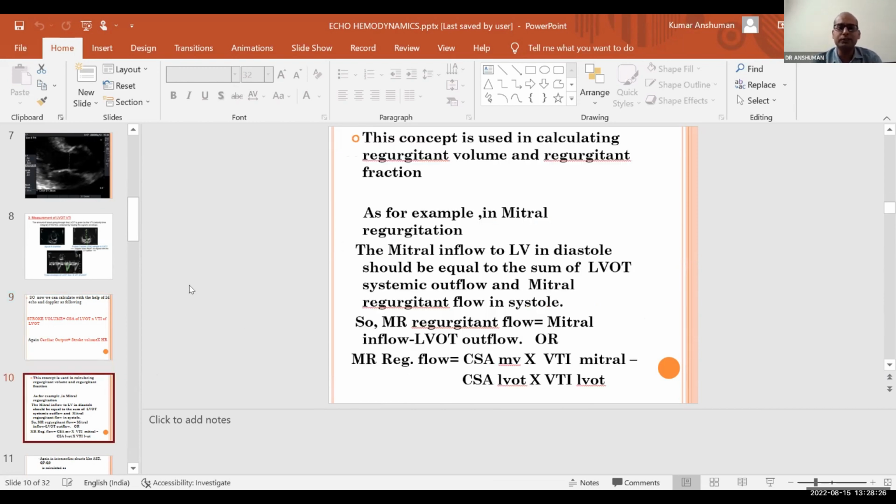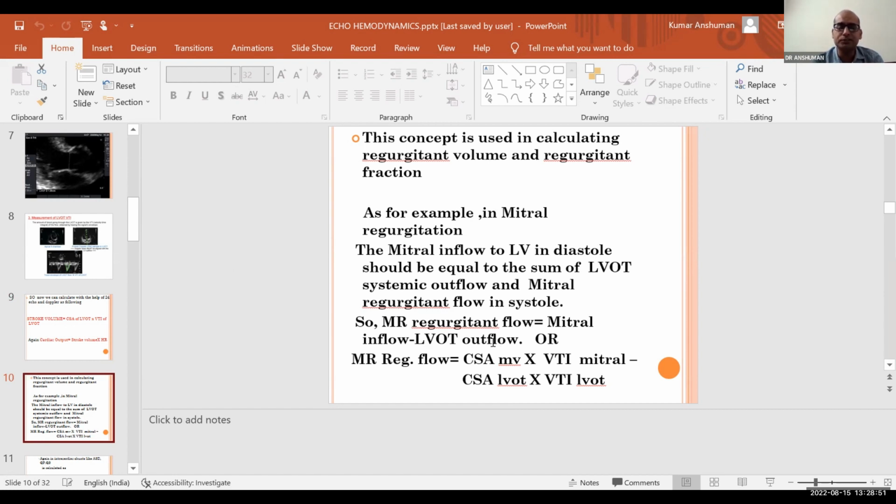Now, why is this concept important? It is used in calculating regurgitant volume and regurgitant fraction. For example, in mitral regurgitation, the mitral inflow to the LV in diastole should be equal to the sum of the LVOT systemic outflow and the mitral regurgitant flow in systole. So the MR regurgitant flow will be mitral inflow minus LVOT outflow.